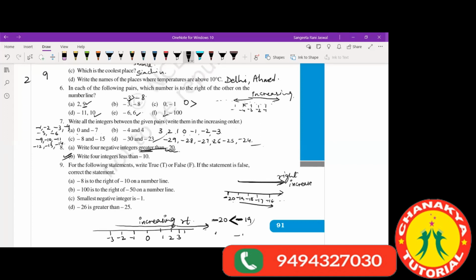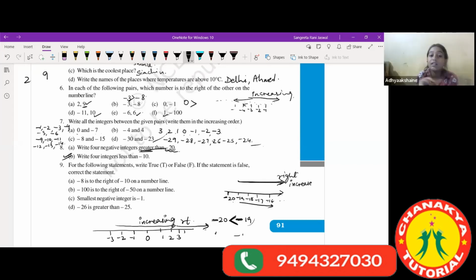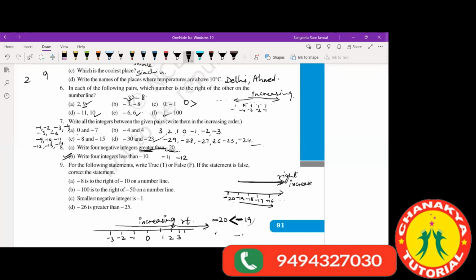Okay, then try this. Write 4 integers less than -10 now. -11, -12, -13, -14. Very good. These numbers are towards the left side. On the left side, you have all negative integers, lesser numbers. So that's correct.